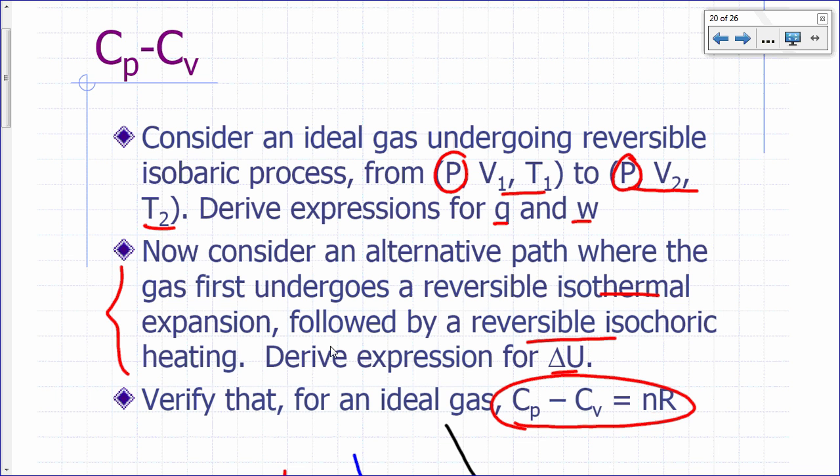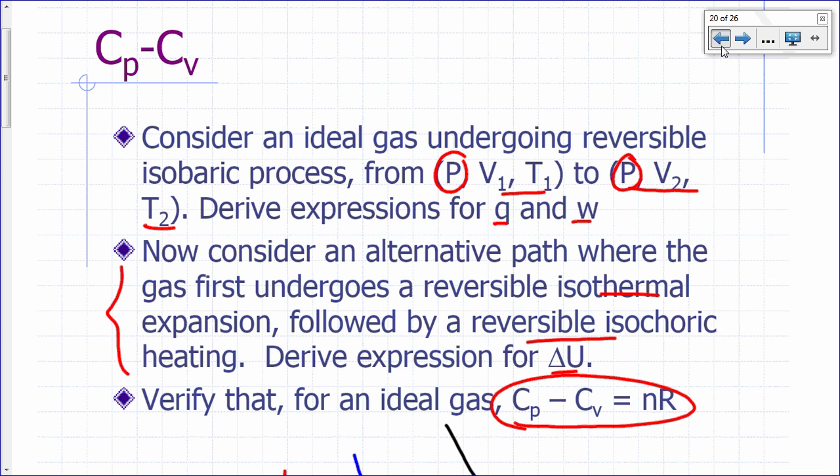All right. So earlier this semester, we made the assumption that Cp minus Cv is equal to nR for an ideal gas. And from that, we showed that for an isothermal process involving an ideal gas, delta U is equal to 0.